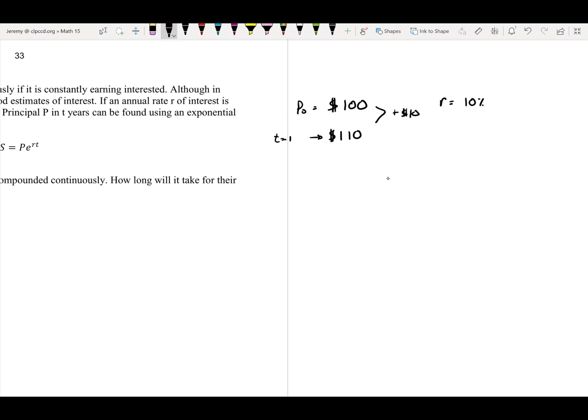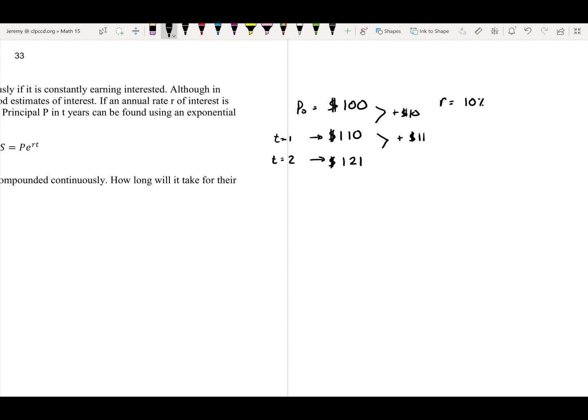Okay, now let's say one more year passes. So now we're at t equals 2. If this interest is compounding annually, how much money are you going to make in this second year? It turns out that you're going to make $11, and you're going to end up with $121 after 2 years.